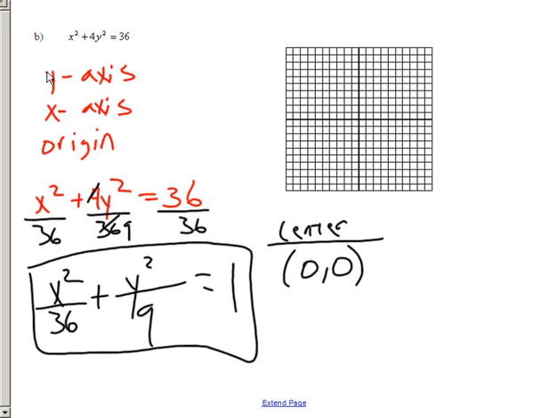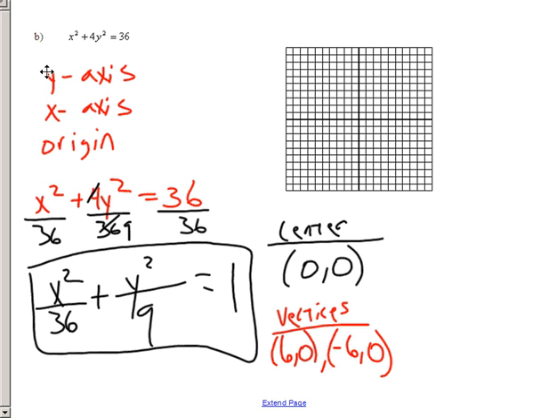If you take the square root of the largest denominator, 36 is larger than 9, it's underneath the x. The square root of 36 is 6. So starting with the center, in order to find the vertices, we're going to add 6 to the x-coordinate in the center and subtract 6 from the x-coordinate in the center. So our vertices will be 6, 0 and -6, 0.